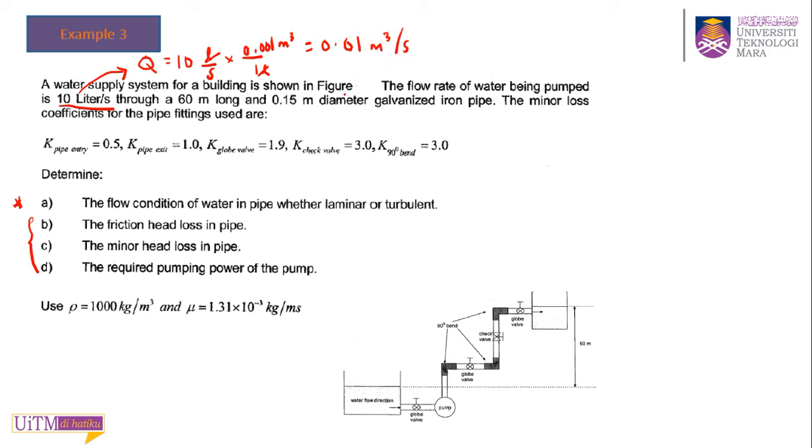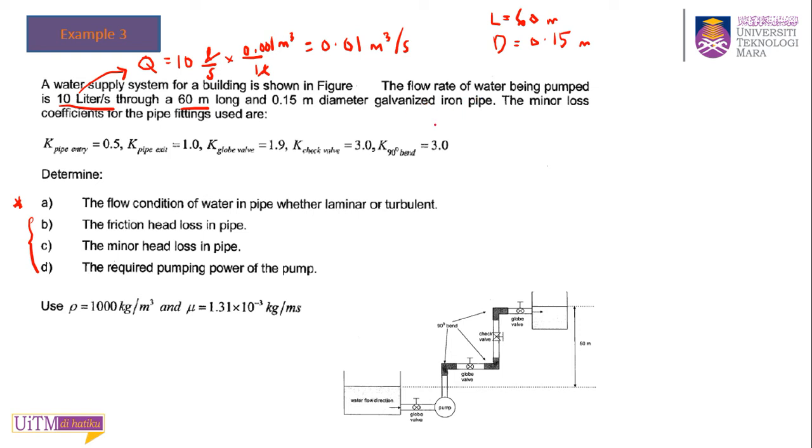So that's your Q. Then they give you 60 meter long, so this is the length of the pipe, L equal to 60 meter. And 0.15 diameter, so your D is 0.15 meter.